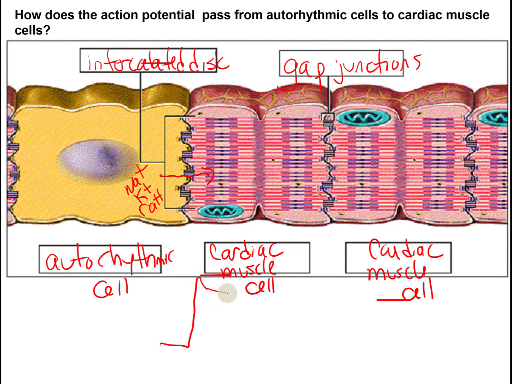Then the calcium channel opens, you get the plateau. Calcium closes, you're back down. So again, the action potential that comes from the autorhythmic cell is triggering the action potential in the cardiac muscle cell, and that's kind of how it works.